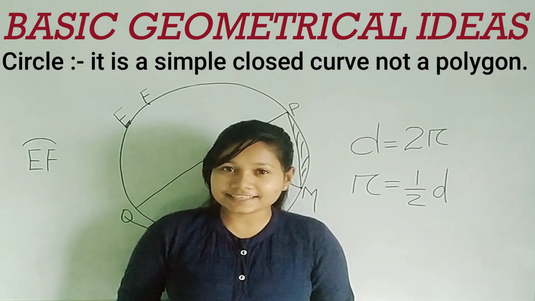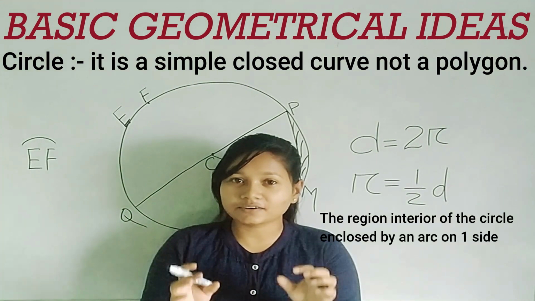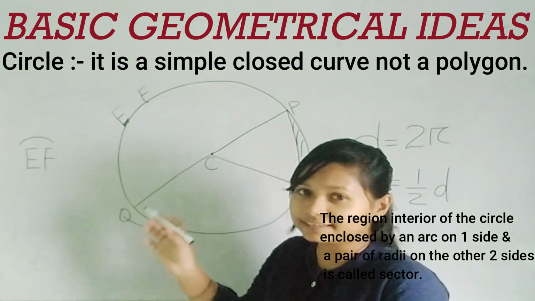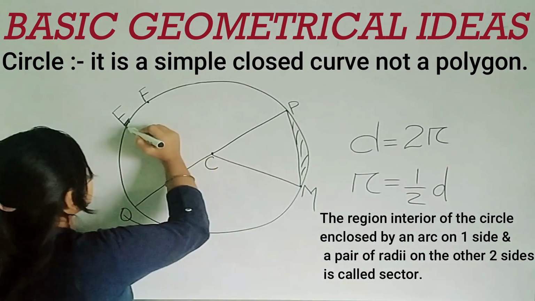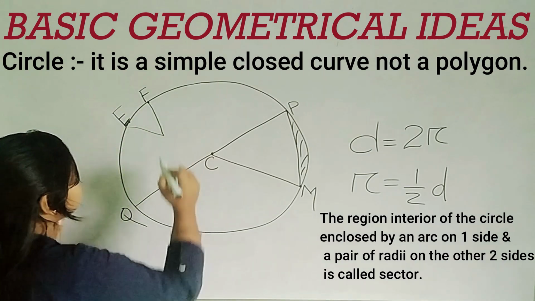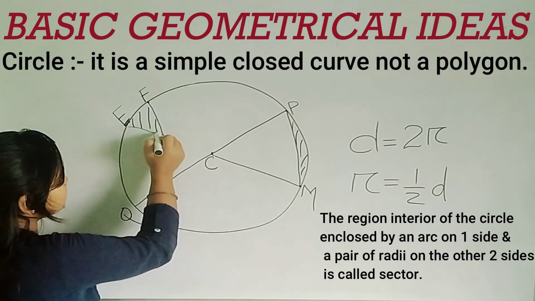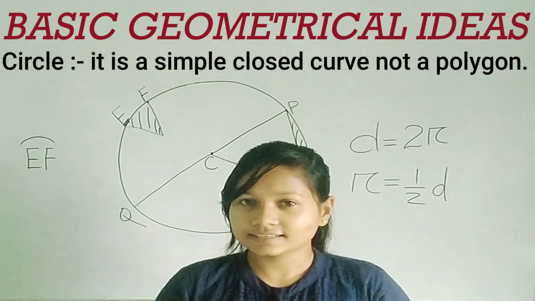Then our next part is sector. Then what is a sector? The interior part of the circle which is enclosed by an arc and a pair of radii. Like this. This is an arc and this is a pair of radii, right? The portion here is known as the sector, right? The next one is segment.